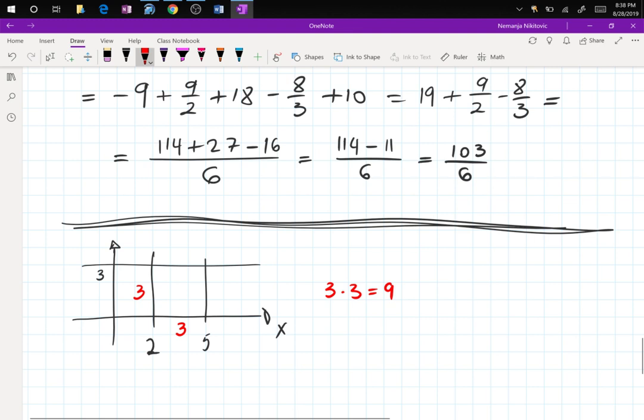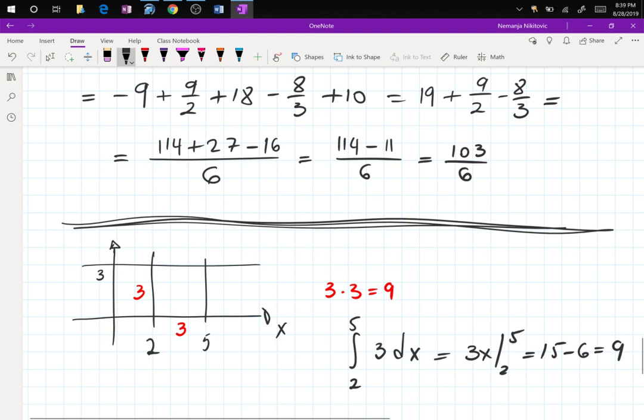No calculus necessary, right? Of course, you can flex, because it's calculus. You can go 2 to 5, and then you're integrating a 3 dx, obviously, right? You get 3x from 2 to 5, which is 15, minus 6, which is 9.